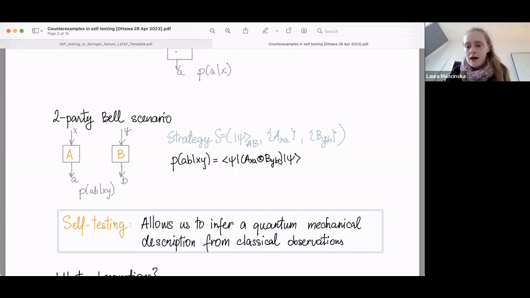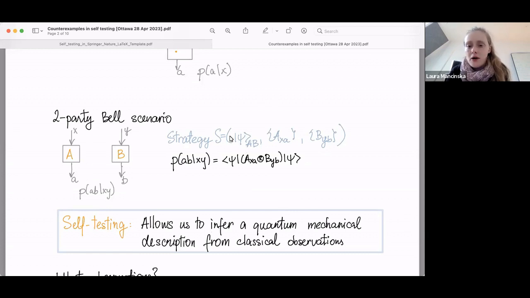Okay, and so I take a tensor product of Alice and Bob's positive semi-definite matrices here. All right, and so at a very high level, I would say that self-testing happens when seeing this joint conditional probability distribution P allows me to infer what I call a quantum mechanical description of these boxes.